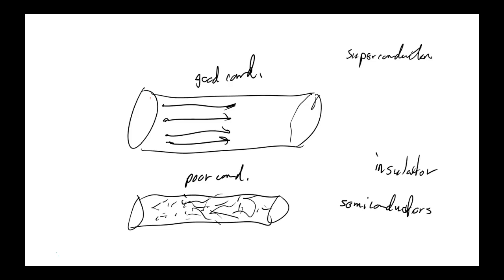Over time, they will heat up a little bit and not conduct as well as they could. A superconductor is something that conducts perfectly with absolutely no resistance whatsoever. So good, in fact, that once you get current moving in a superconductor, you can remove the battery or the power source, and it keeps going forever.